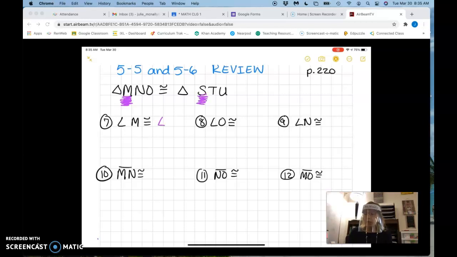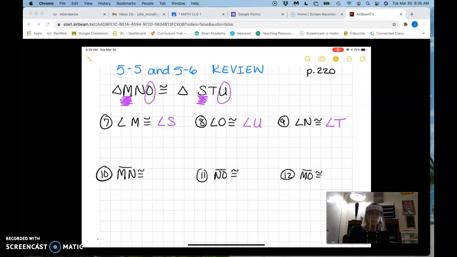So angle M is congruent to angle S. Angle O is congruent to angle U because they're in the same position. N is T. Yep, N is going to be angle T because N is in the middle and T is in the middle. So those two are congruent.